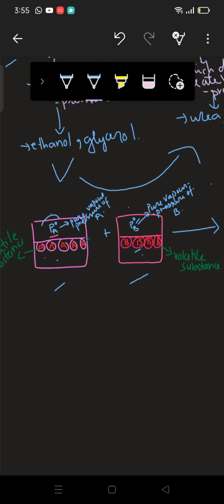If they are mixed with each other, they will have partial vapor pressure, right? Because initially A had its own vapor pressure, P naught of A, since it was not mixed with anything, and B had its own vapor pressure as well, P naught of B, the pure vapor pressure of B.